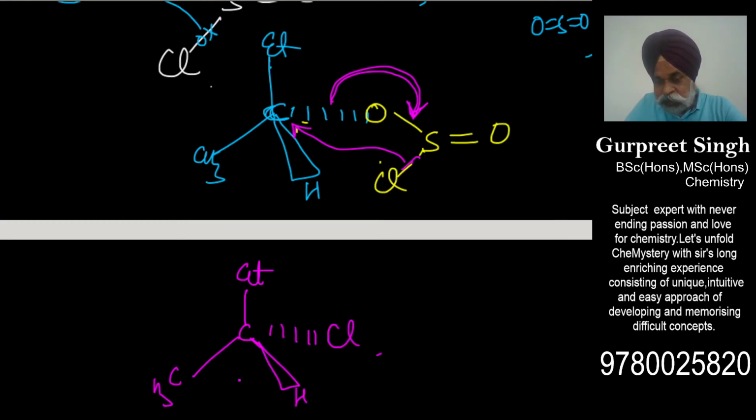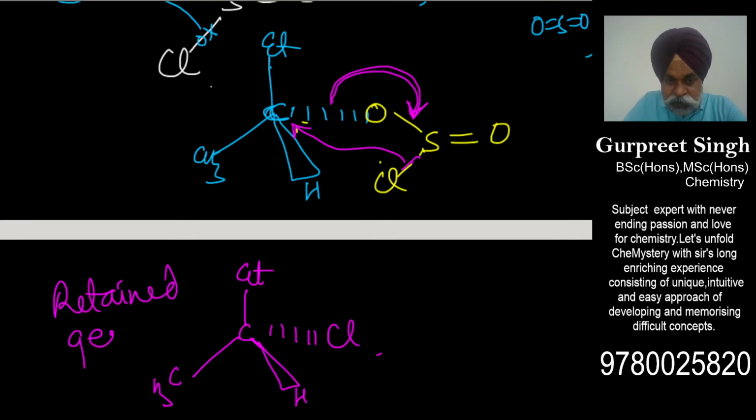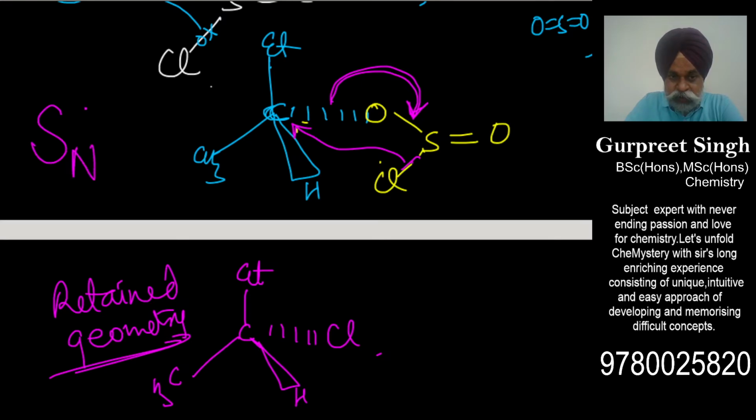So what you get is the retained geometry. If pyridine is not there, you would get the retained geometry. This reaction has happened without the presence of pyridine, and this is called nucleophilic substitution of the type internal, where the leaving group which is departing is also behaving like the species from where the nucleophile is attacking.